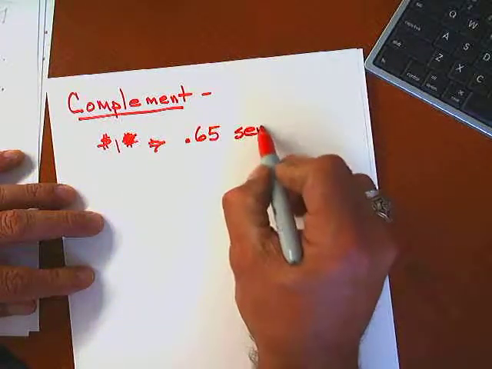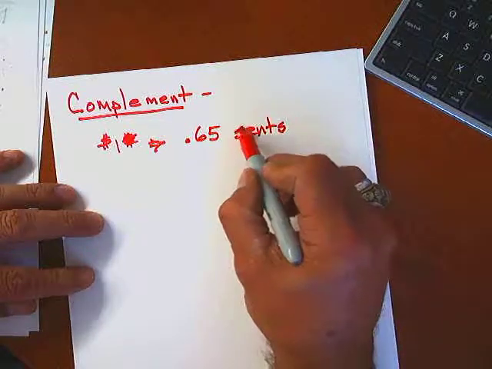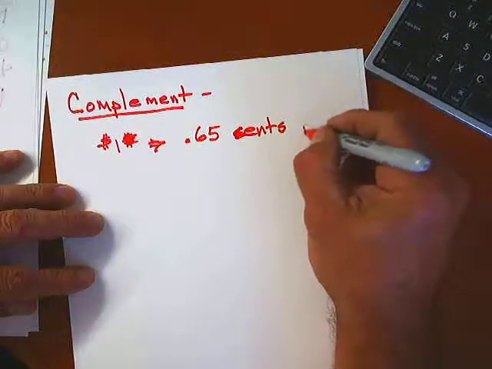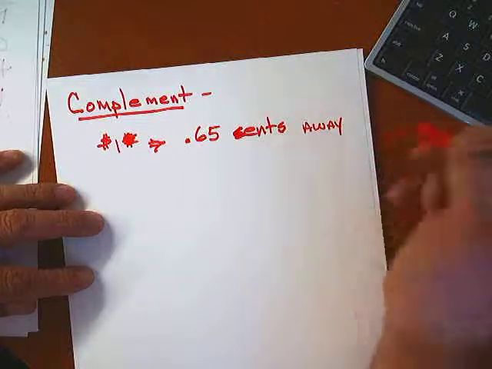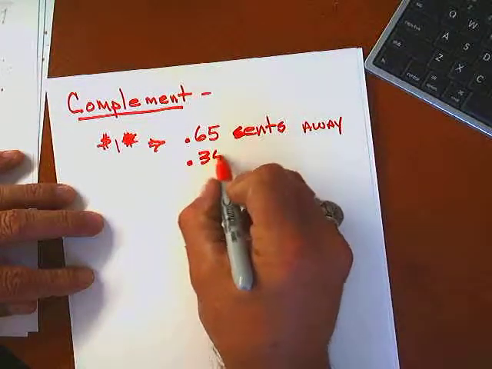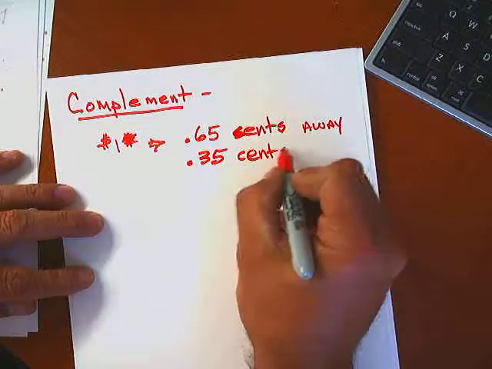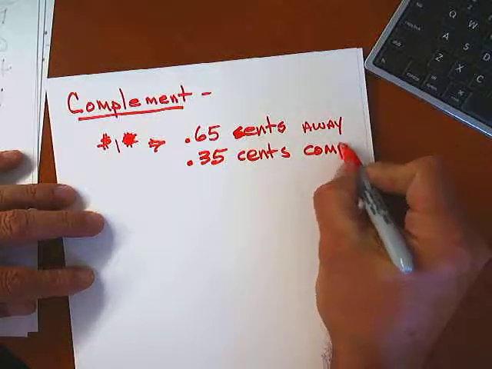I like to tell my students that the complement is like if you have $1 and you give 65 cents of it away, then you have 35 cents left. That's a complement.